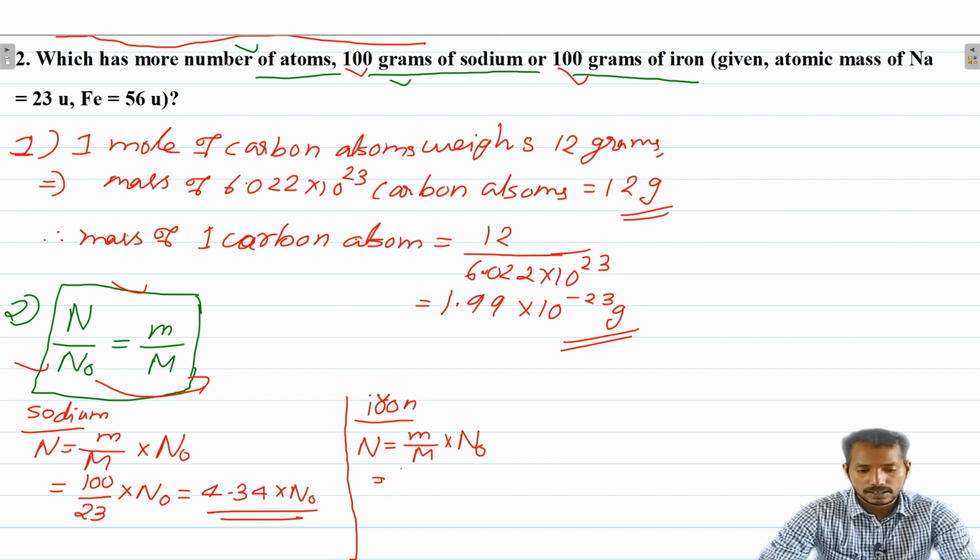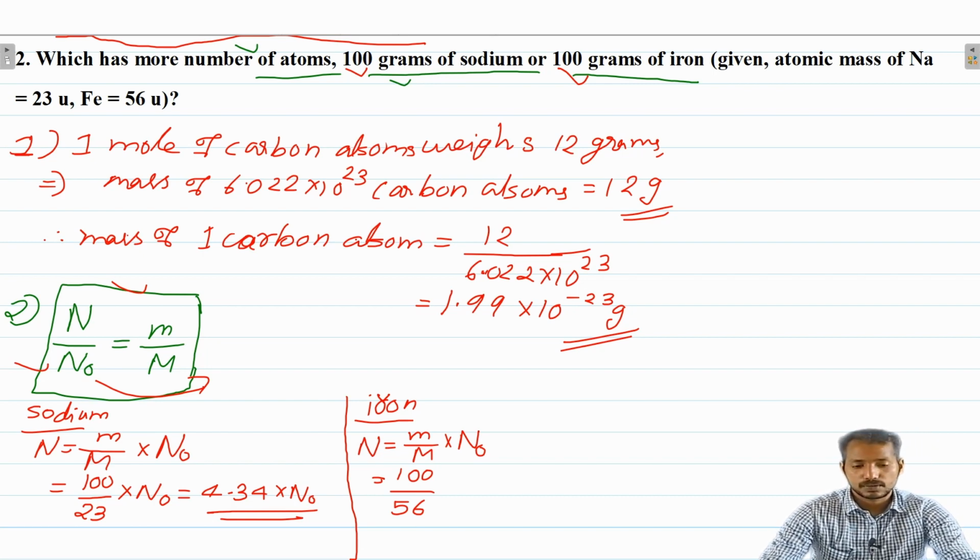So 100 gram divided by the molar mass of iron. What is the atomic mass of iron? That is 56. So the molar mass will be 56 gram, into N0. 100 by 56 is equal to 1.78 into N0.